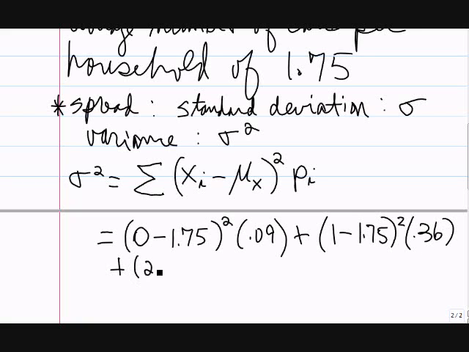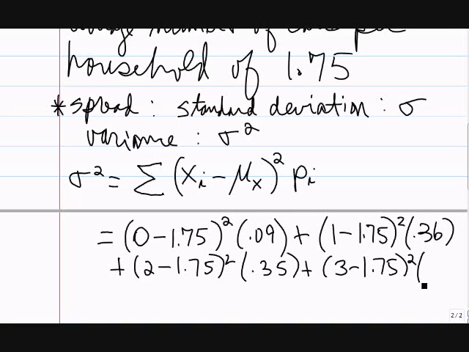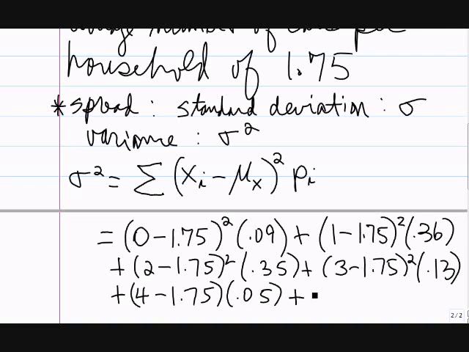And you could have 2 cars, and that was 35. You could have 3 cars, and that one was 13, sorry. And 4 cars, and that one was 5. And 5 cars. And if you had any more than 5 cars, you're just being a little excessive, I think.